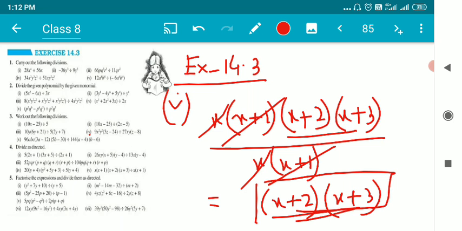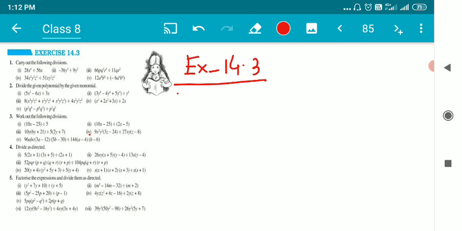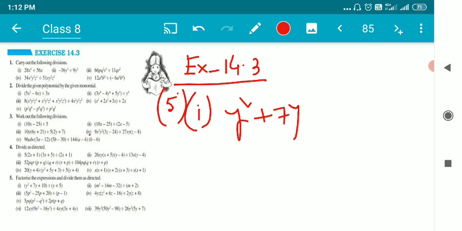Now I would like to switch over to the next question. Numeral 5, Roman number 1 of numeral 5. It's y square plus 7y plus 10, divided by y plus 5. Now you might be thinking, sir, oh my God, it's so difficult.